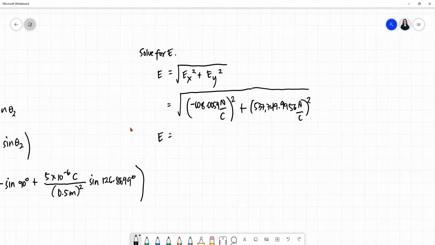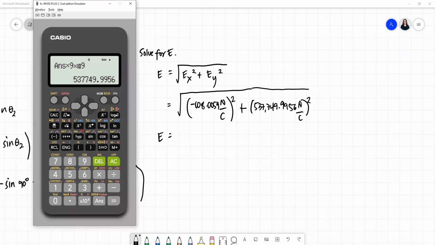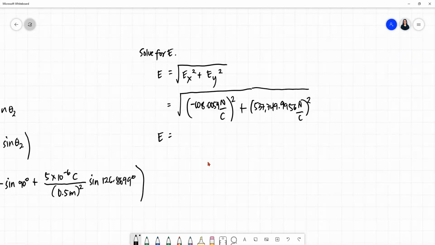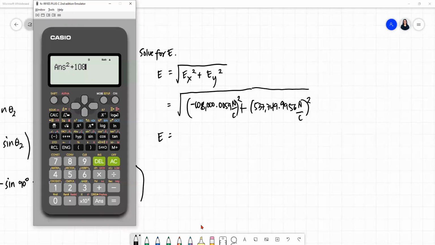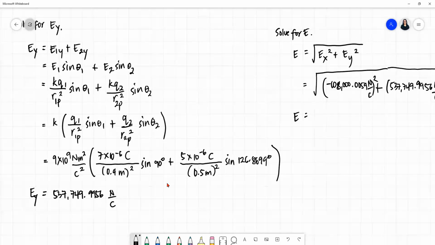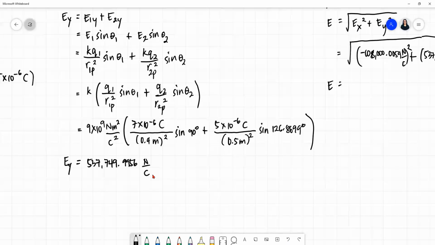That would be equal to, square this plus square of 108,000.0059 plus the 537.7499956 squared.